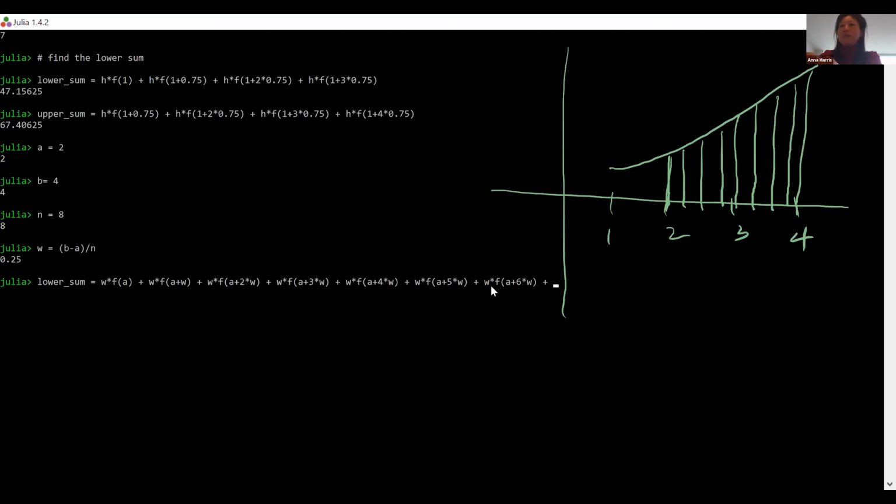So one more. W times F of A plus 7 times W. So this is 8 rectangles.